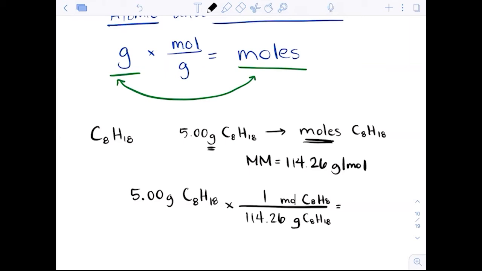So when we're setting this up, a couple of things to remember. Not only is the number important, but the units as well. And we'll just see a nice trail of our conversion factors later.